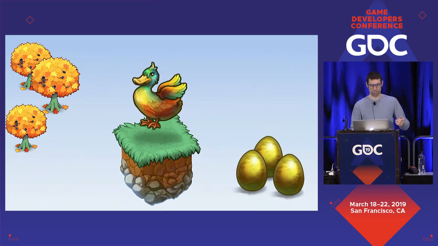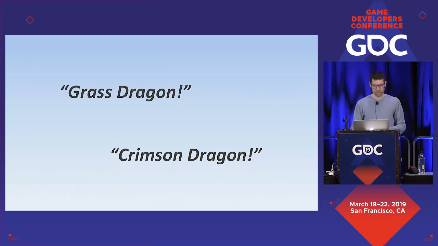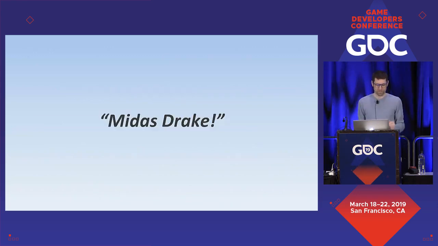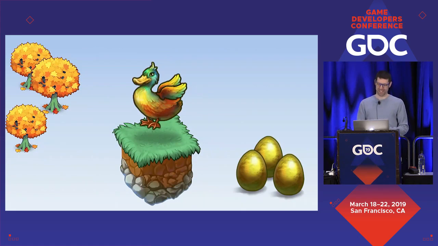All I gave them to go on was a name like Grass Dragon or Crimson Dragon, and in this case, Midas Drake. Well, you see what's happening, yeah. The creative freedom worked much better than expected here. Right, so to me, Drake means dragon, but now I know that Drake also means male duck. And so that's exactly what we got back, a gold-hued male duck.